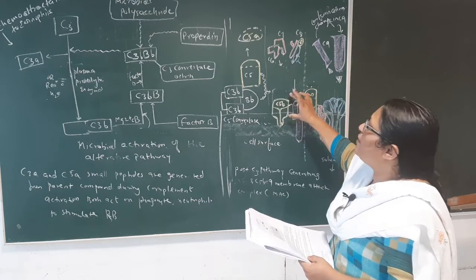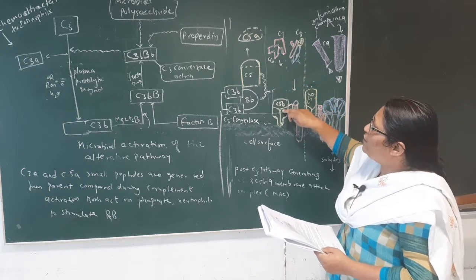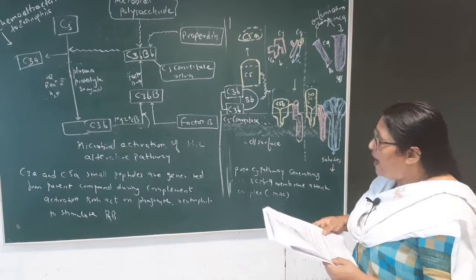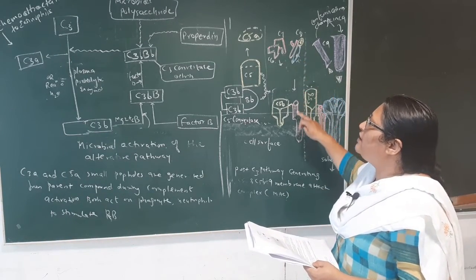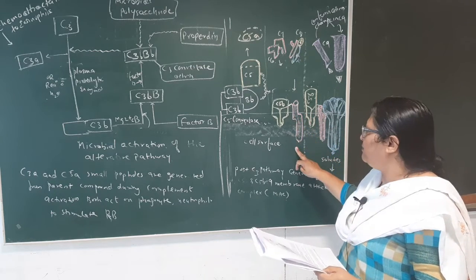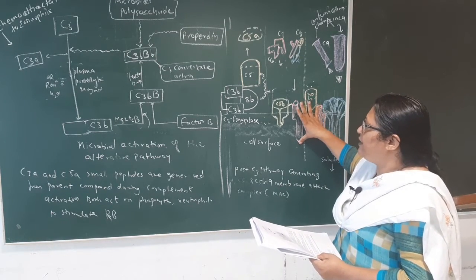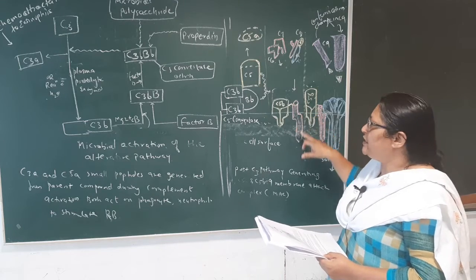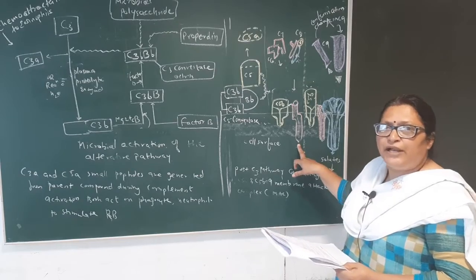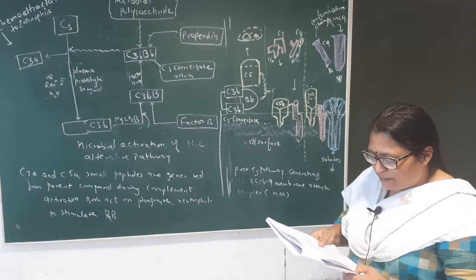Once that complex is formed, it has an affinity for C8, so that C5b, C6 and C7 together attract the C8, and this C8 has the ability to bind as a transmembrane binding site. What do you mean by transmembrane? It means it has a head on the cell surface, and the tail is in the cytoplasm, inside the microbe.